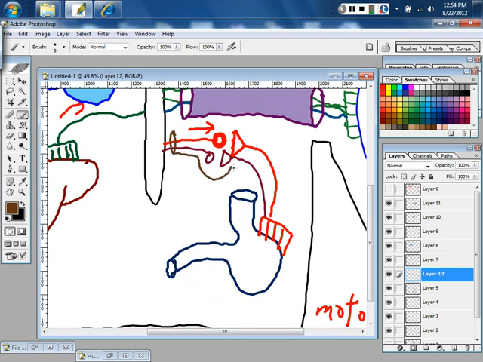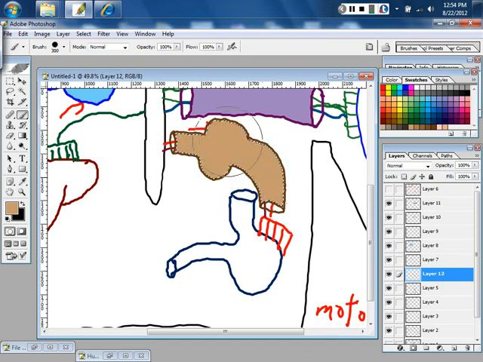It's going to go down. A layer of connective tissue is going to go around here. And now, this layer of connective tissue, and there we are. Okay.